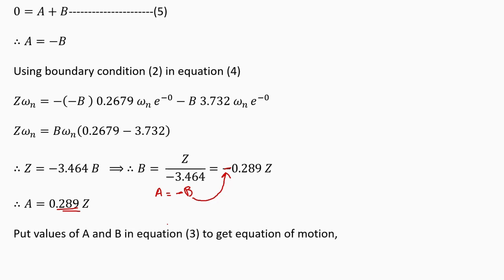Now we have to substitute these values in equation 3, so that we get the equation of motion, that is x, displacement, given by this particular term. So value of a is this value, then value of b is minus 0.289 z, with e raised to this particular term.